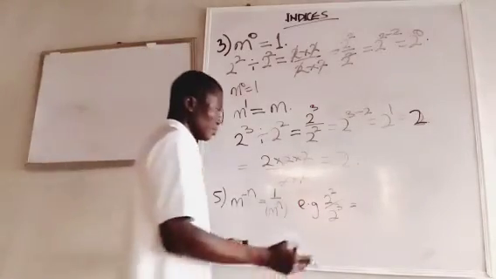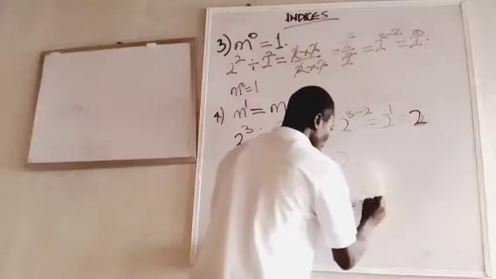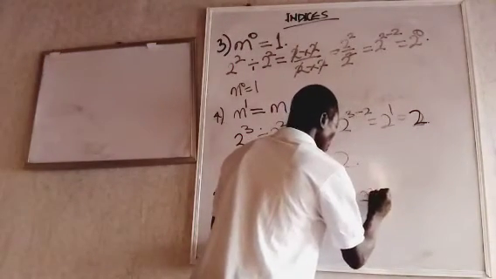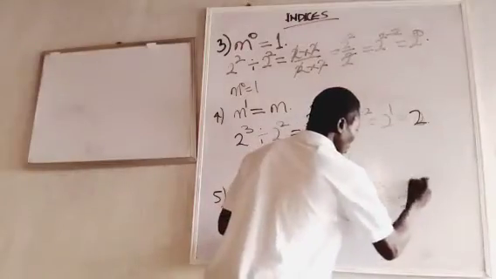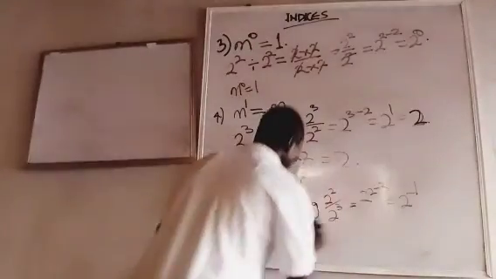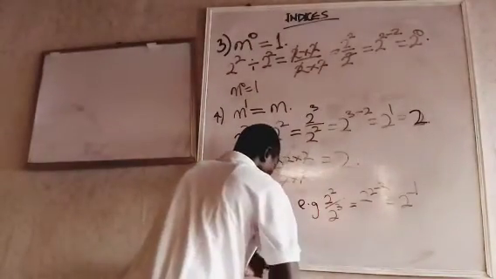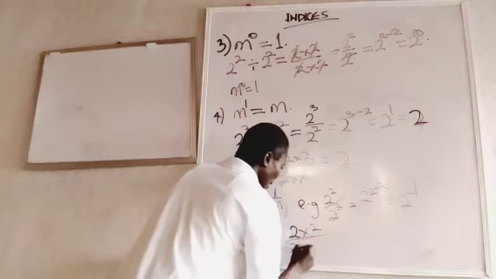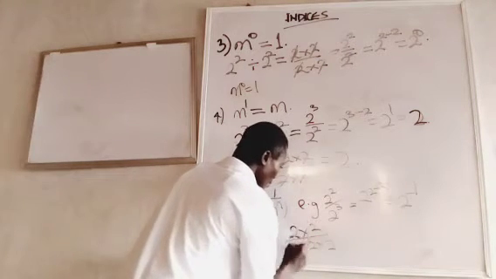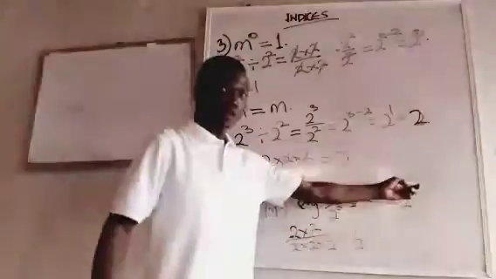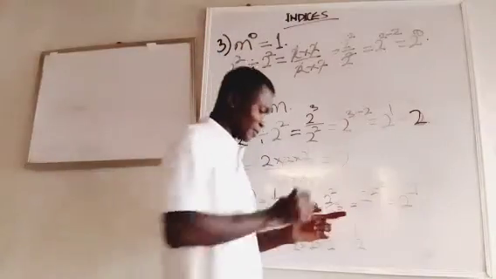So it's going to give me 2 raised to power 2 minus 3, which is 2 raised to power minus 1. Now, let me cut it out. I'm going to have 2 times 2 divided by 2 times 2 times 2. Half. So what does that mean? 2 raised to power minus 1 is equal to half.